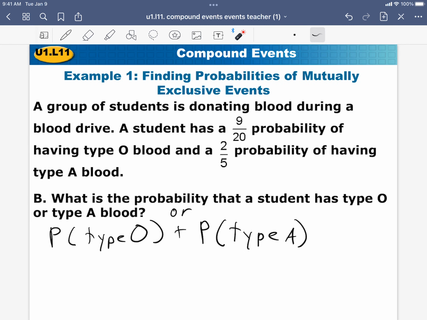Now, since they are mutually exclusive, we can find the probability of having one or the other. So the probability of having type O blood is 9 out of 20, or, and or means add, the probability of having type A, which is a 2 out of 5 probability.